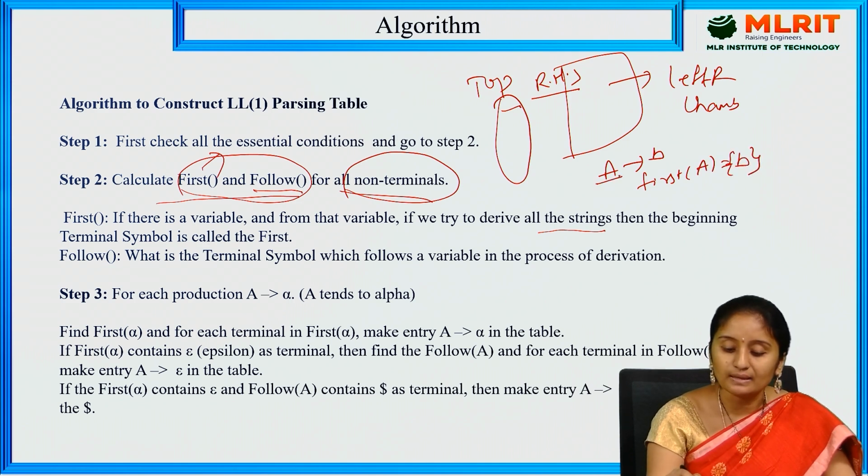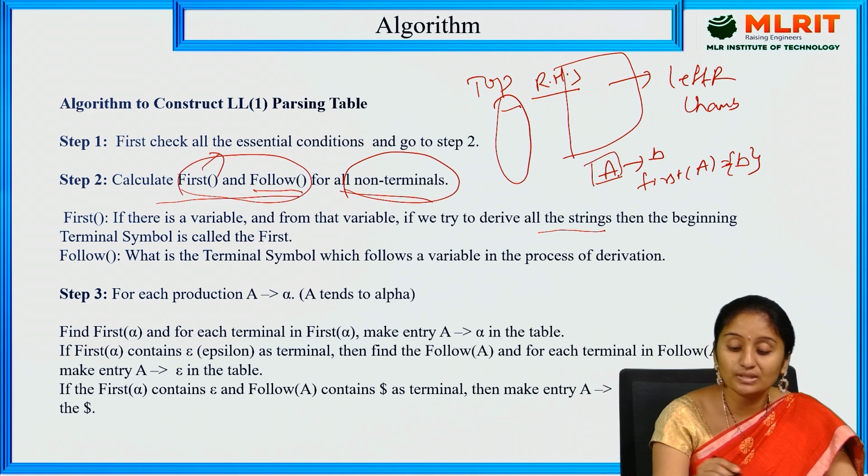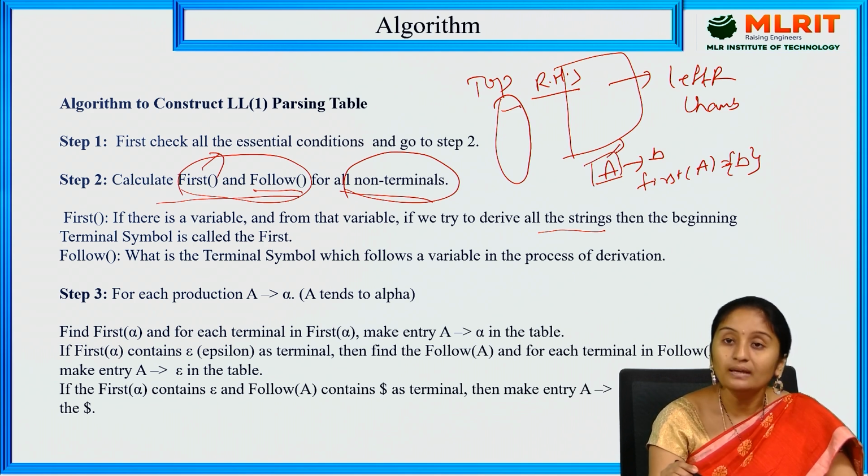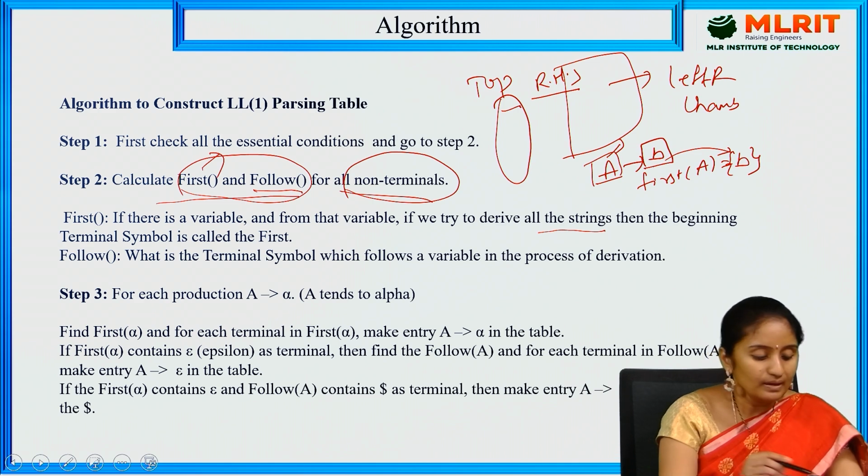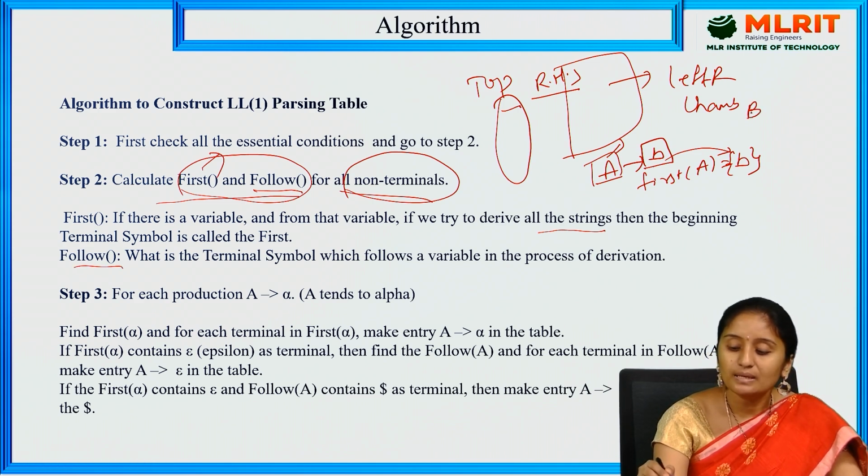For the first function, we check the LHS part: in the RHS, the first symbol, if it is a terminal, that will be my first function. If I have a non-terminal, we have already seen there are some rules to calculate the first function. Similarly, follow is calculated in the RHS part, for example A tends to BA.